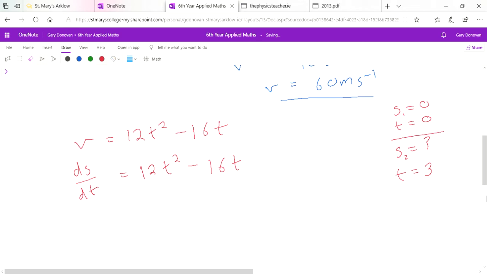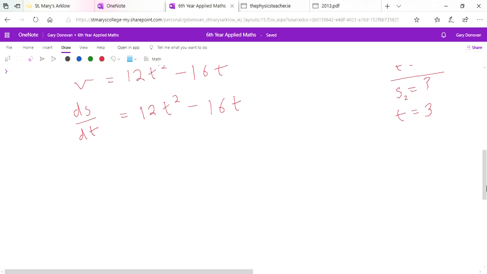So we just repeat this, but putting in our limits for distance and time. This will be ds equals 12t squared minus 16t dt. Integrate both sides. Our initial distance was 0, we're looking for our final distance s. Our initial time was 0 and our final time was 3.